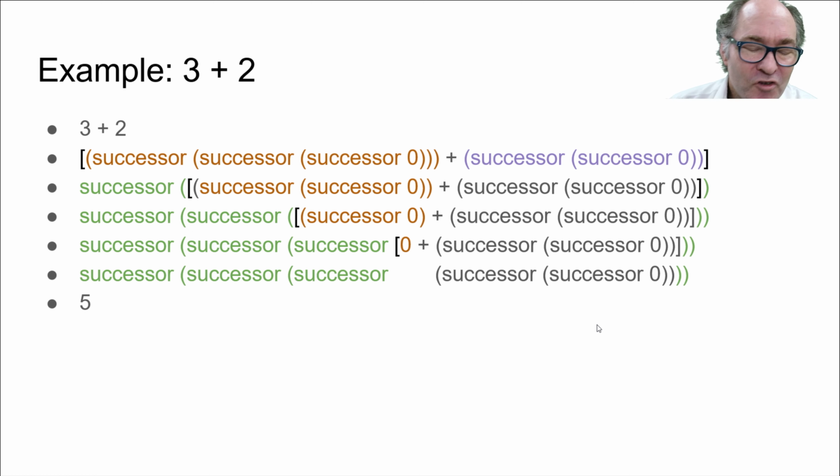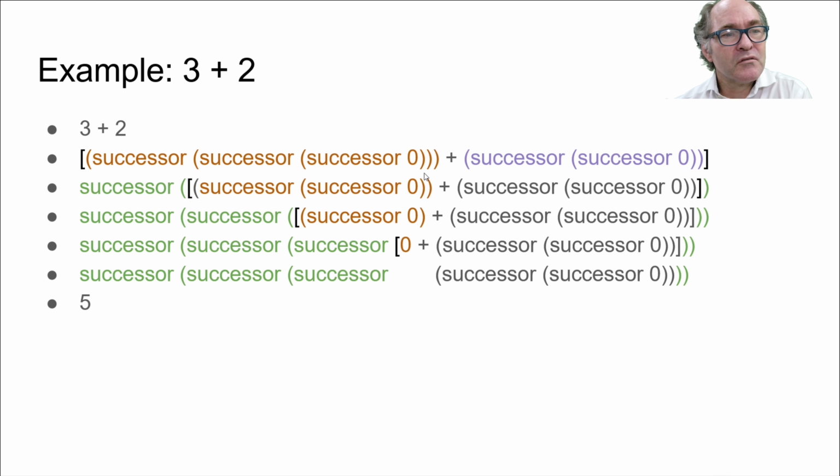Just in case you haven't quite seen it yet, it's really worthwhile to work out some concrete problems. Suppose we want to confirm for ourselves that this notion of addition actually makes sense, so let's compute the sum of 3 and 2. 3, being a natural number, is understood to be the successor of the successor of the successor of 0. And 2 is the successor of the successor of 0.